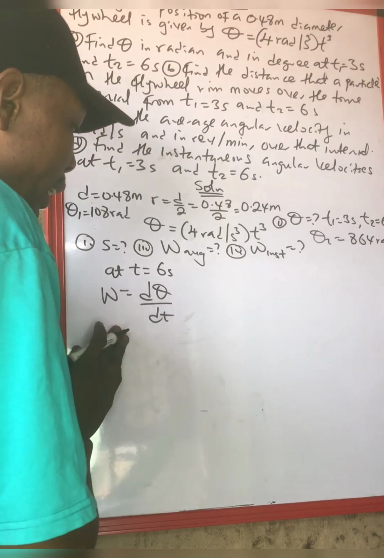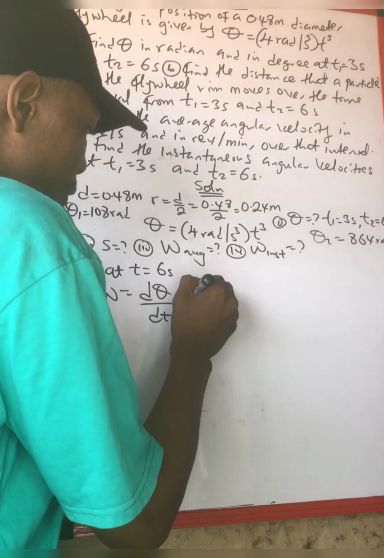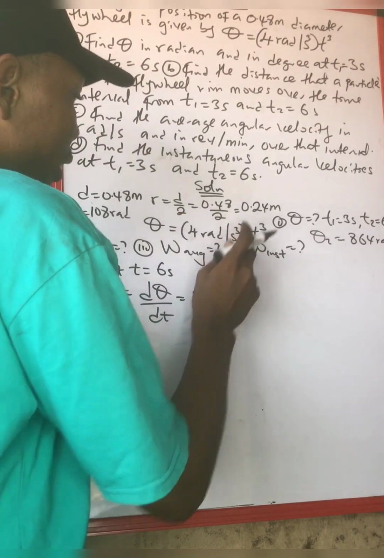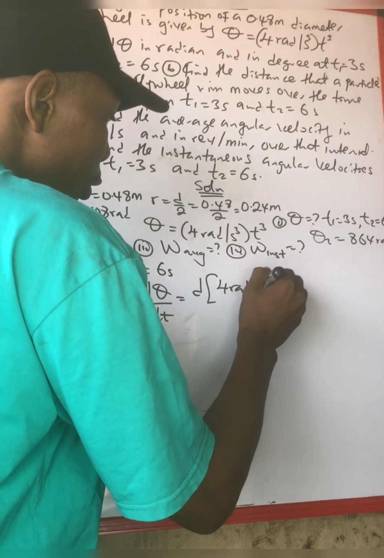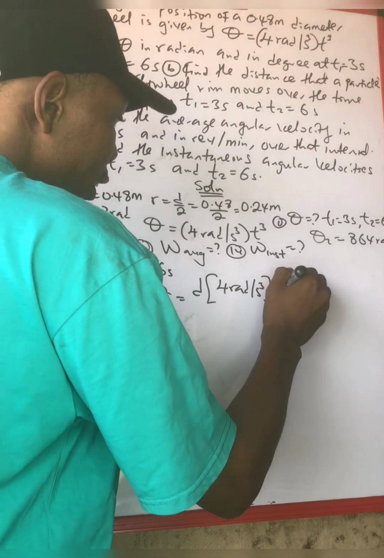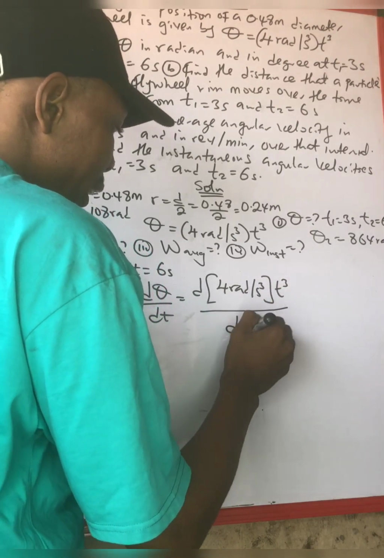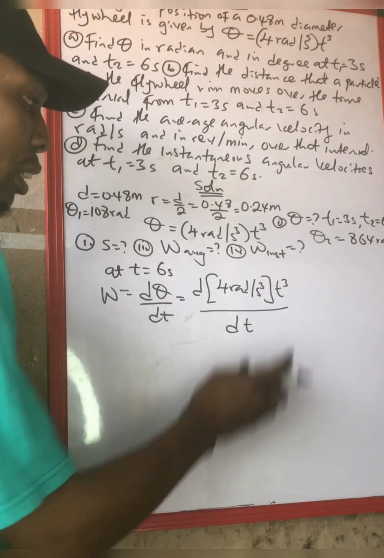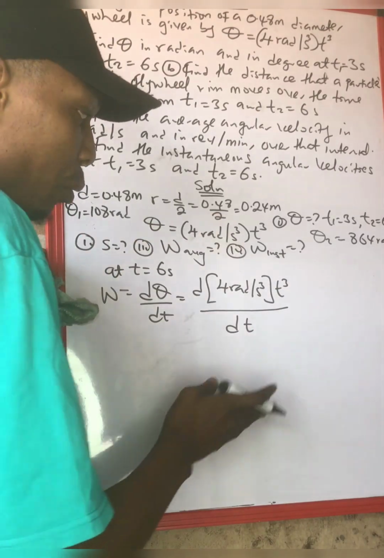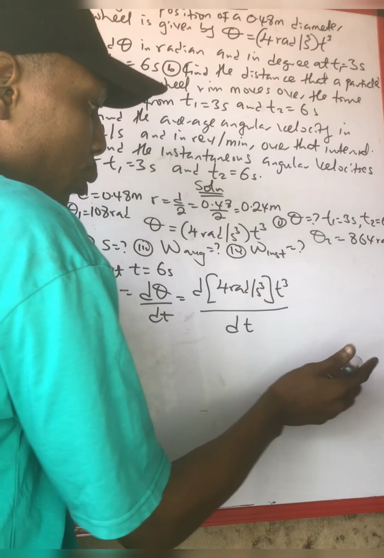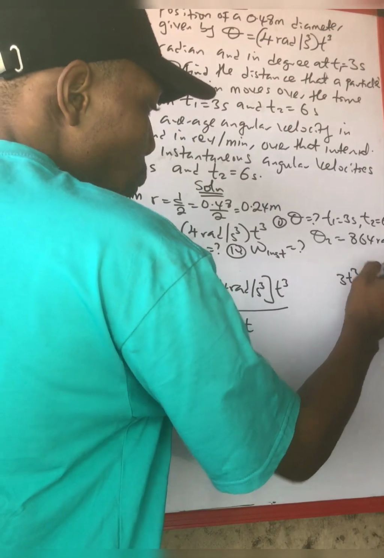Okay, and in the question we're given our theta, which is 4 rad per second cube, then t cube, all over dt. And in the differentiation of time, we are only differentiating the time. Whenever you differentiate t cube, we are going to have 3t squared.